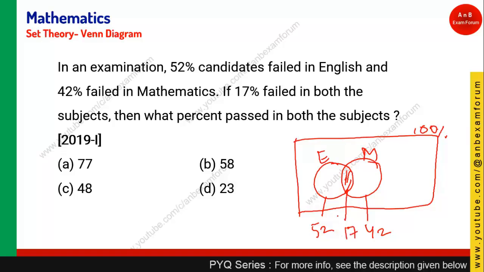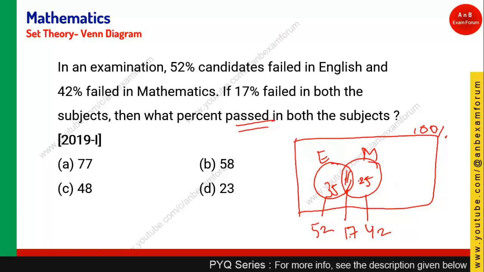Like the previous question, just find out those who have failed only in English. If you subtract, 52 minus 17, you will have 35% of students who failed in English only. Similarly, only mathematics, it will be 42 minus 17, which is 25. Since the question asks who have passed in both subjects, the passed portion is this white portion, the complement of this universal set.